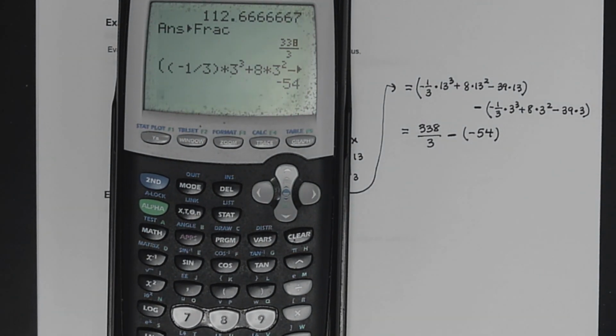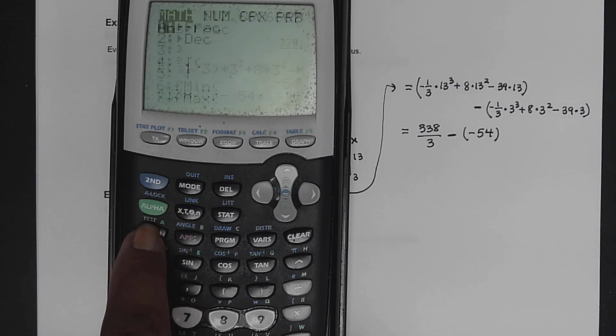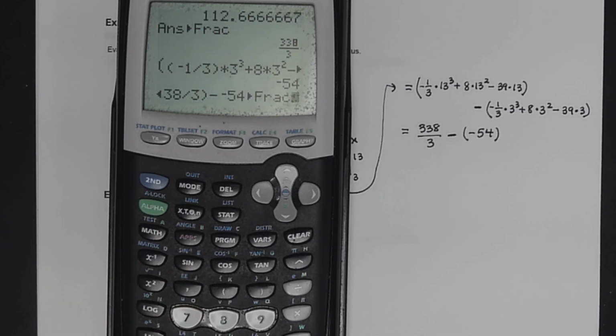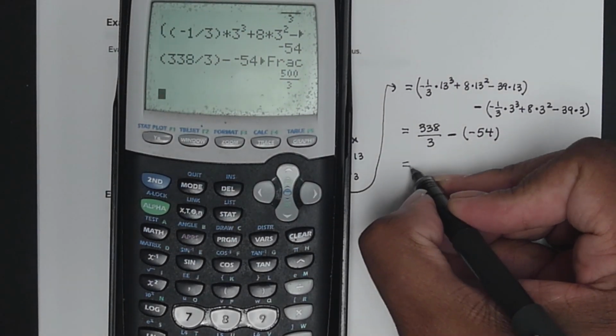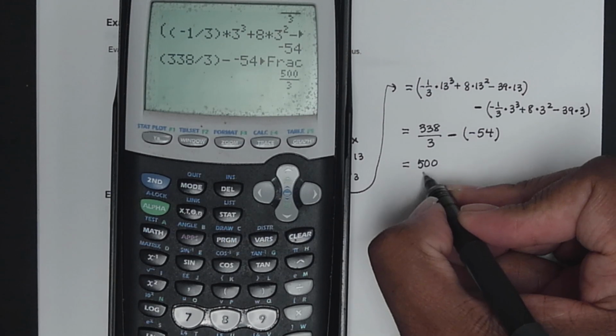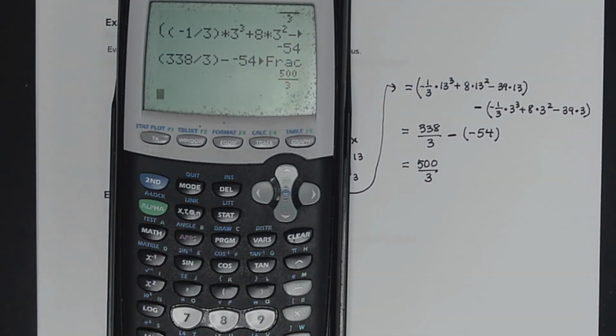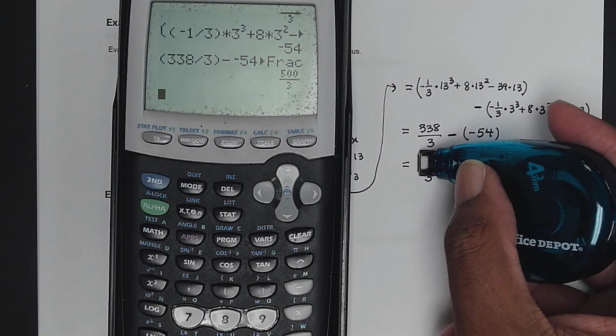All right, so I can type this in the calculator as, in parentheses, 338 divided by 3, close parentheses, minus a negative 54. Hit your math key and then press number 1 for fraction. You'll get 500 over 3.